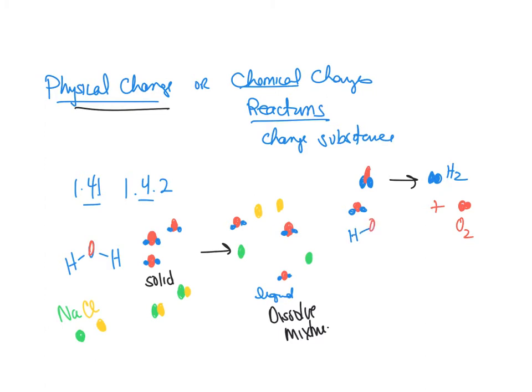Those might be hard to see at first, but you're going to need to get used to looking at those, and you can go through them and see which ones are chemical reactions versus physical changes. So like I said, physical changes are like when you go from a solid to a liquid, and if you go to a gas, it would be even more spread out.